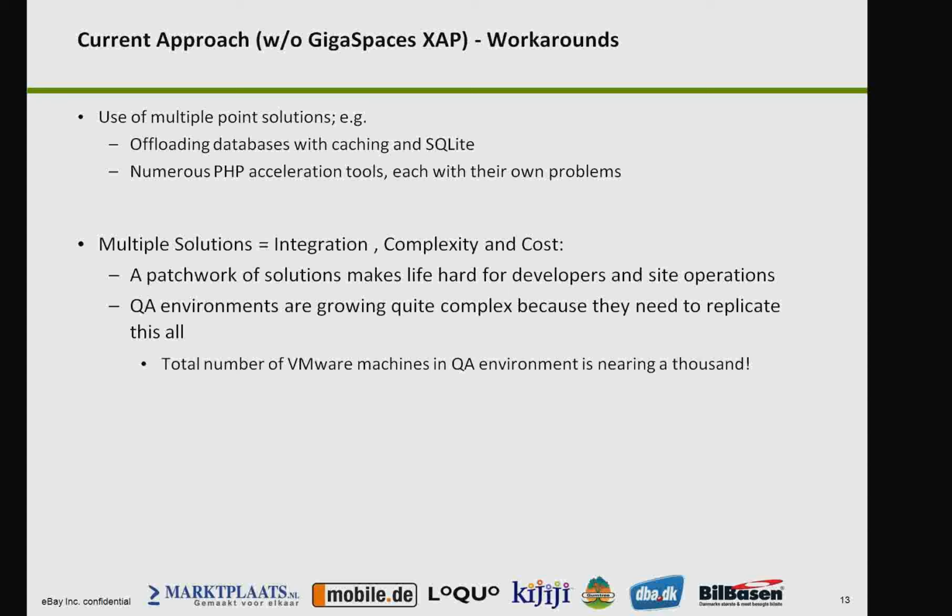We have PHP acceleration tools, etc., etc. And over the last 2.5 years, the number of these patchwork solutions has grown to a degree that it's hardly manageable anymore. No one knows all the solutions. No one knows all the procedures and batch jobs that make sure that caching is valid or invalidated in time, pages are generated, etc.